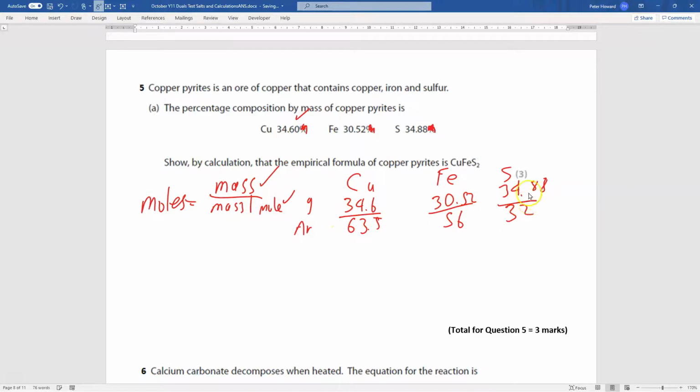So we can calculate the moles for each one. That gives us 0.545. This gives me 0.545. I feel I'm winning here because I've got two of the same numbers, and 1.09. We can also put the word moles in here, and a little ratio mark between them. Now, it looks like this is equal to that, and that's obviously twice that. So we could also do the other idea of divide by the smallest number of moles.